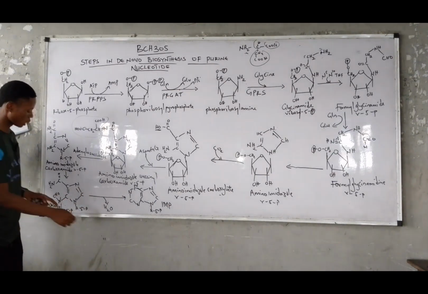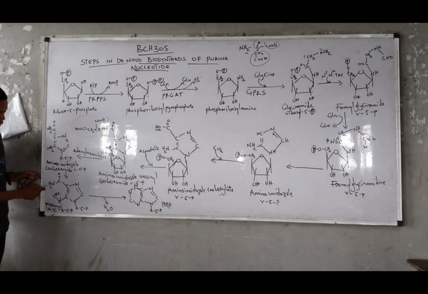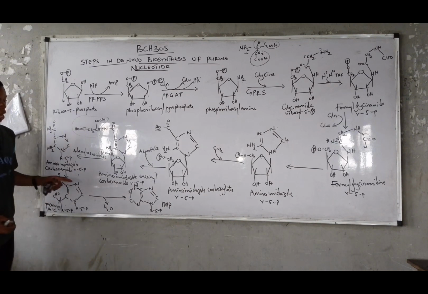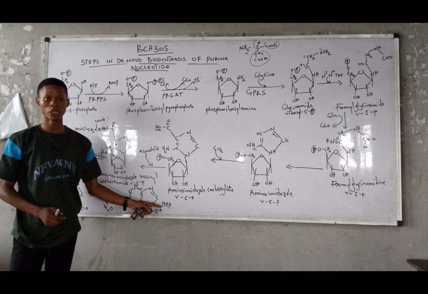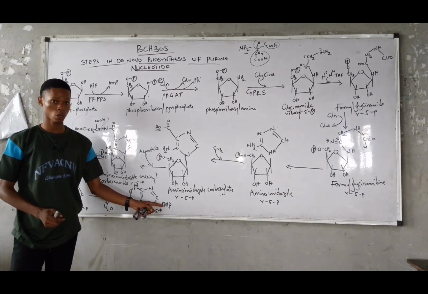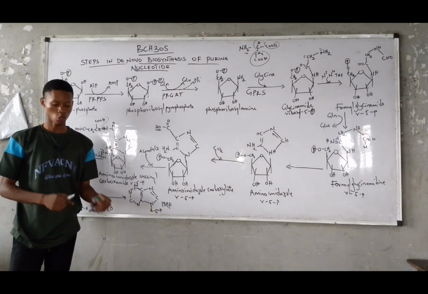Water is removed from here, this OH and this double bond oxygen. Now cyclization takes place and we form our first purine ring, inosine monophosphate.